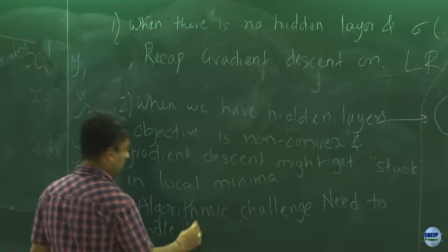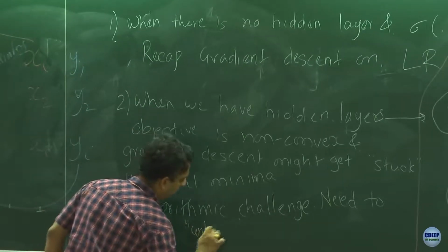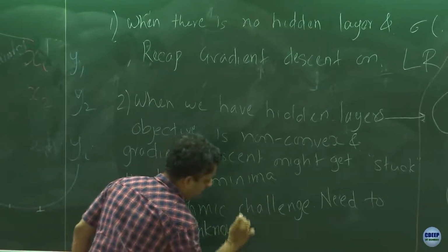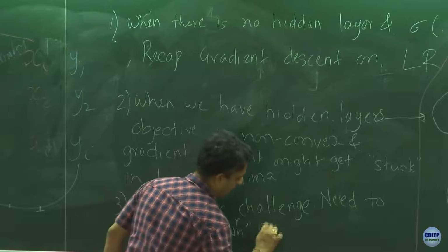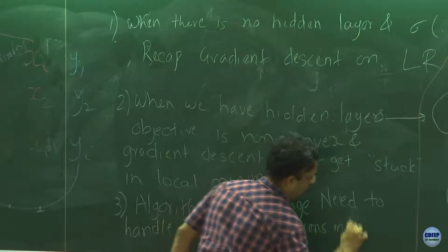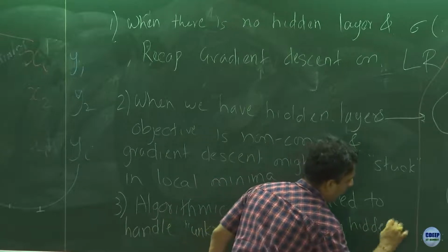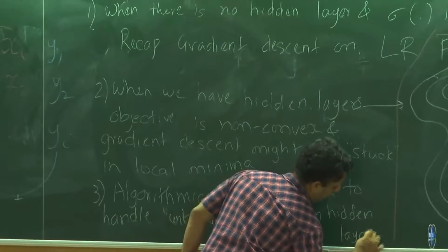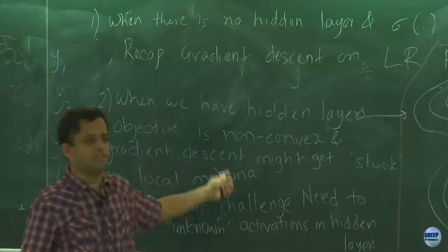We need to handle unknown values of hidden layers, unknown activations. Okay, so the two points are related, non-convexity and this.